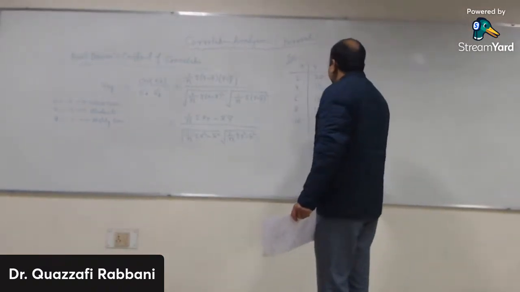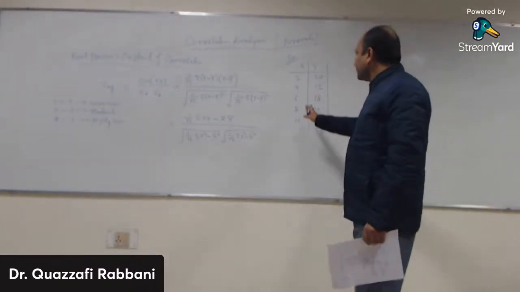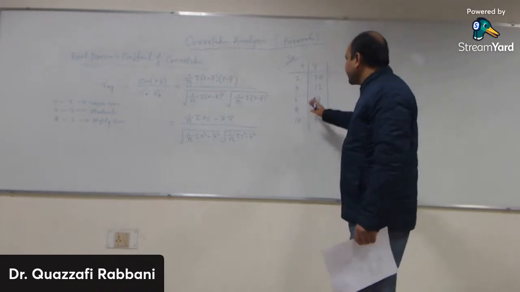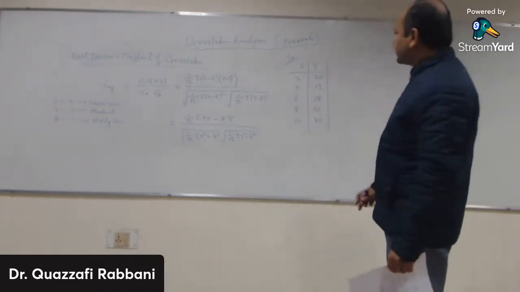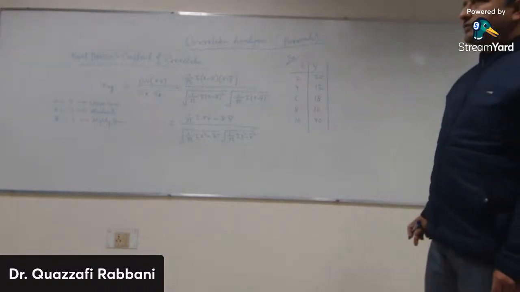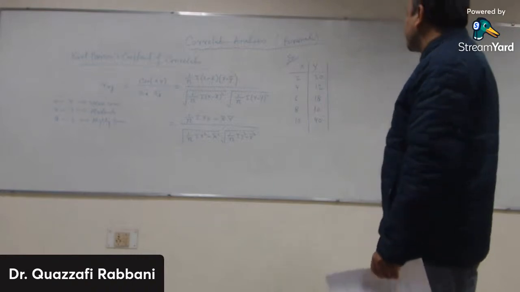So there are two variables x and y whose values are given. Now the question is whether these two variables, x and y, have any relationship.